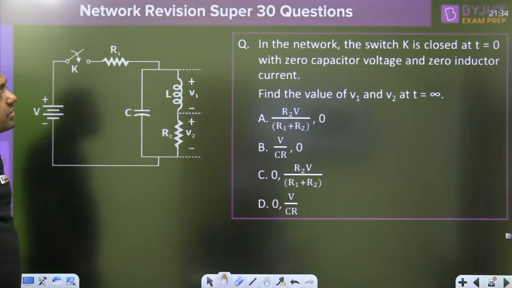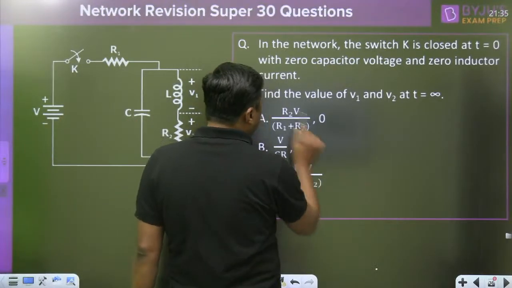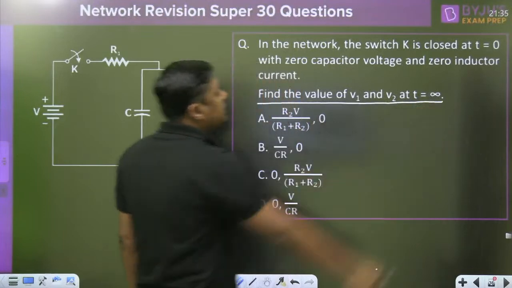In the network the switch K is closed at t equal to 0 with 0 capacitor voltage and 0 inductor current. Find the value of V1 and V2 at t equal to infinite. Now read the question carefully. It is not a question on initial condition, it is a question on the final value at t equal to infinite.